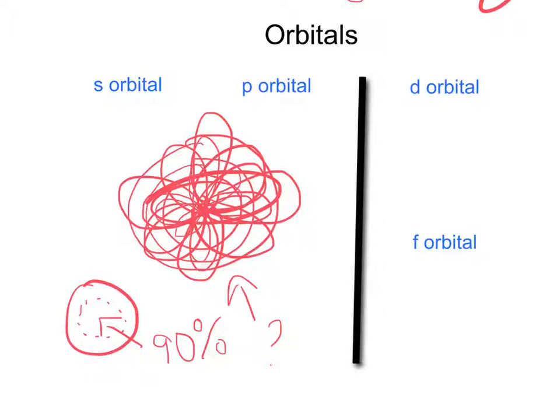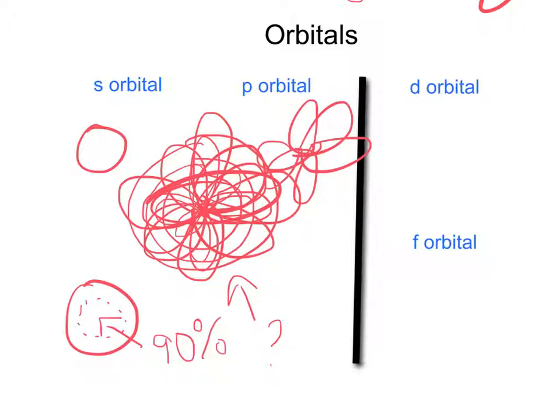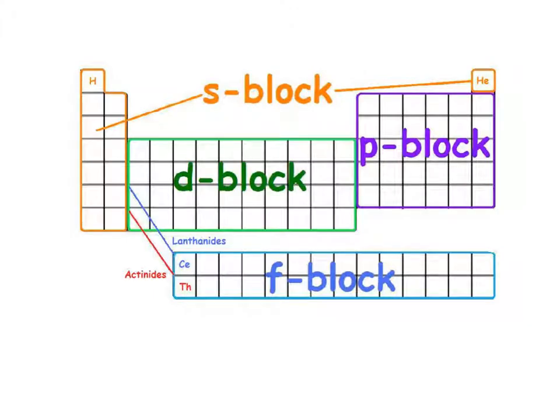So now that we've identified our regions of space, so our S looks like that, our P looks like that, and then our D looks confusing, and F looks even more confusing. Let's try to put this to use. So the cool thing about the periodic table is that it's divided into areas where the electrons of each atom that lives there like to be.